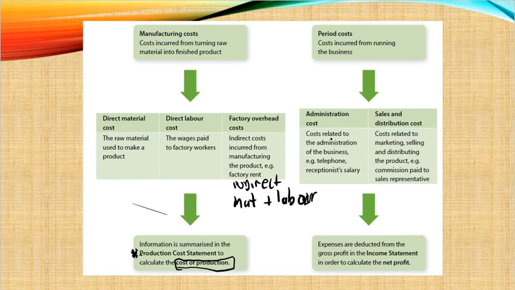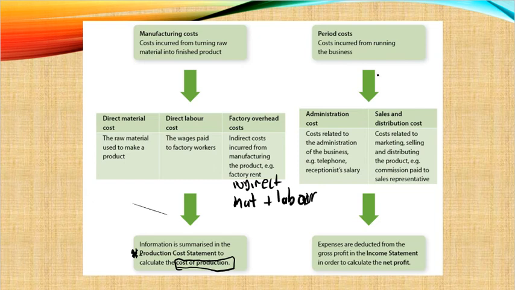Okay, so administration costs, those are the costs related to the admin portion of the business. So it will be the office telephone, the office furniture, depreciation, the people working in the office, their salaries, everything that's not related to the factory or the manufacturing is in there, the admin staff.